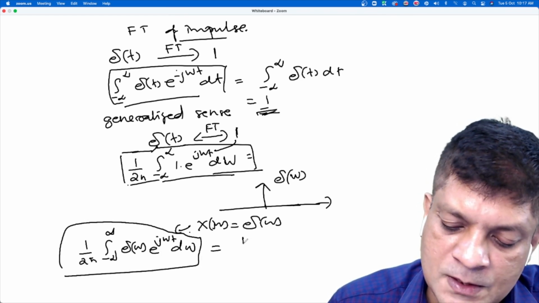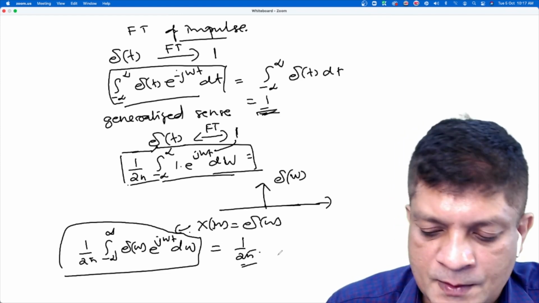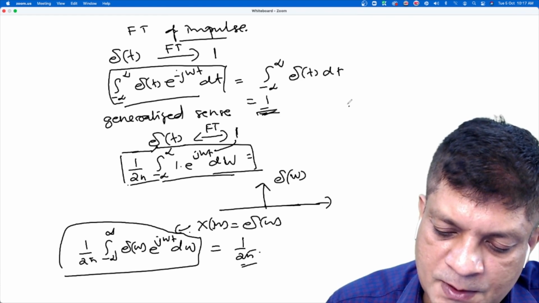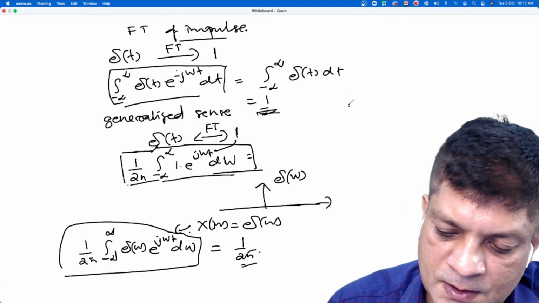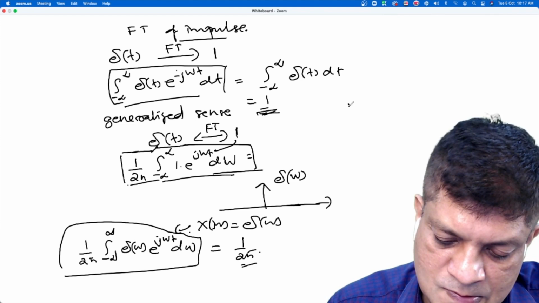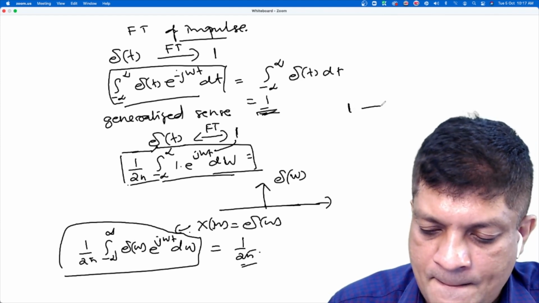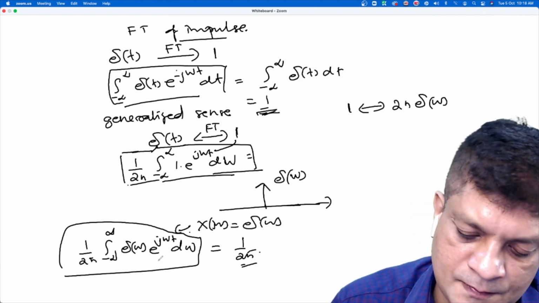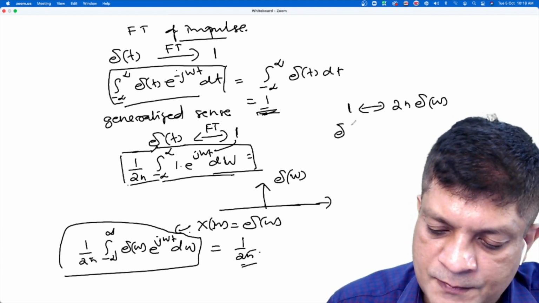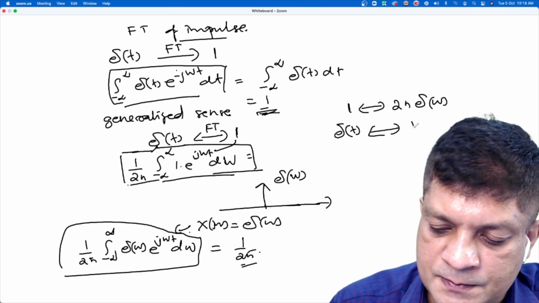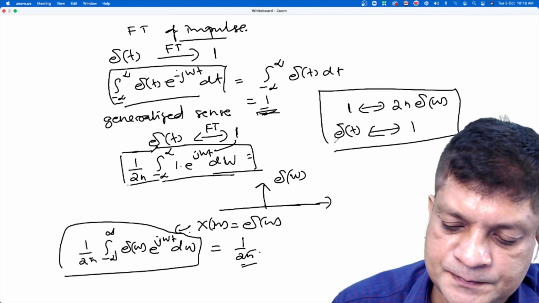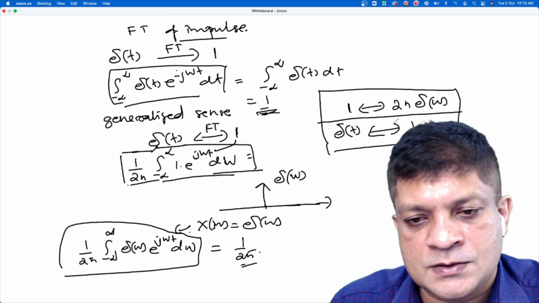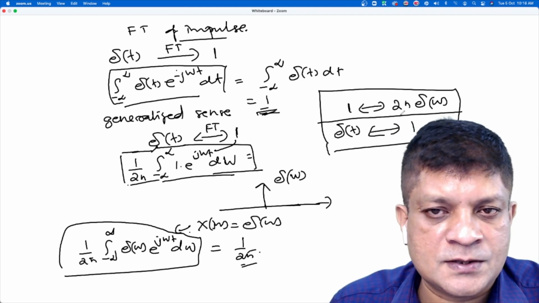It is 1 upon 2 pi. So this is another Fourier transform pair. So 1 upon 2 pi, we can cross multiply and we will get this result. It is 1 and 2 pi delta omega, this Fourier transform pair, and for a delta function in the time domain, it is 1. Okay, these two are very important results. Both these are in the generalized sense.